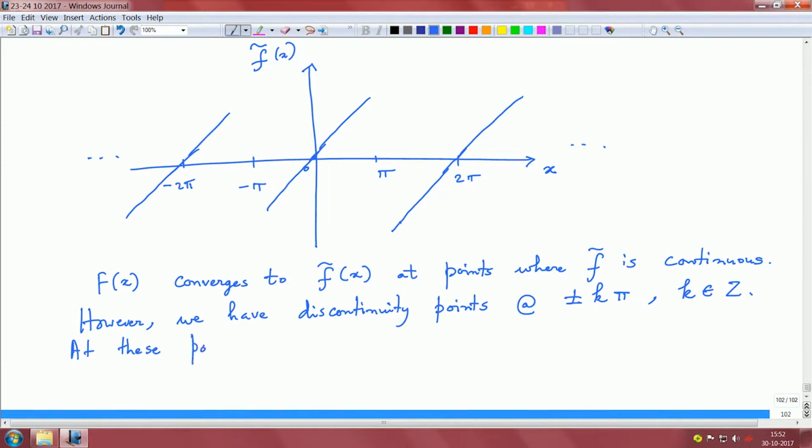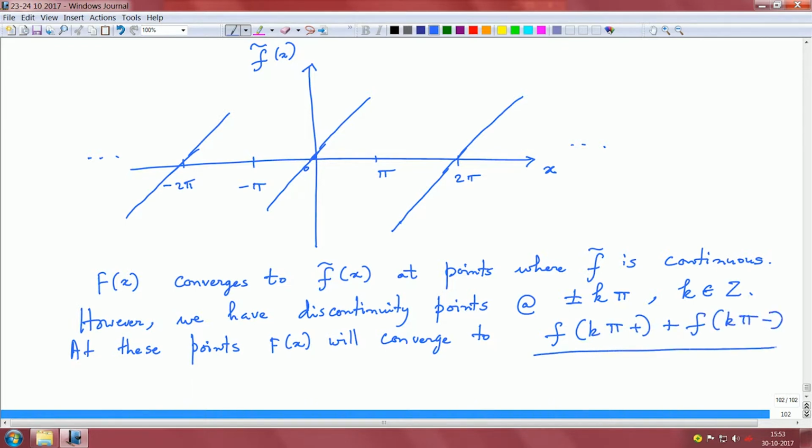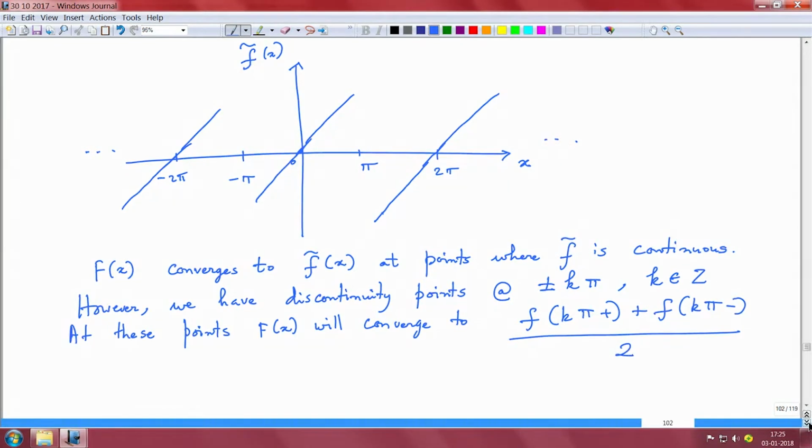At these points, the series will converge to f of k pi plus and f of k pi minus, that means you take the left hand limit and right hand limit and take the mean value. Of course, when we observe this figure, the discontinuity points are at odd multiples of pi here.